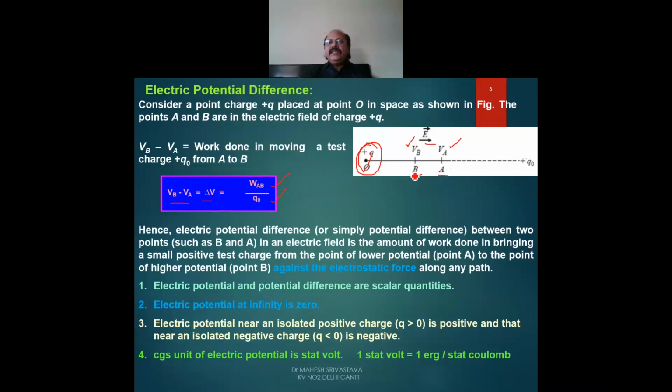Now again you focus here at the point A and B. Now point B is close to the plus Q charge.